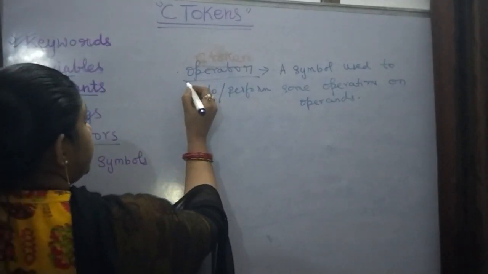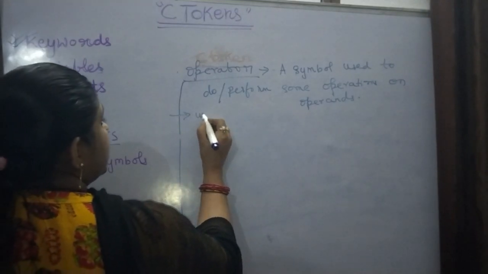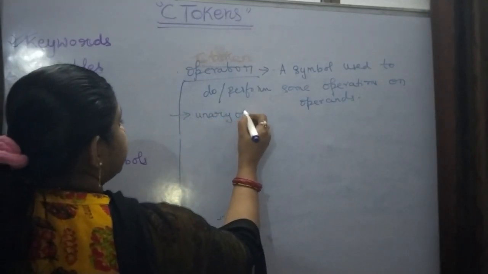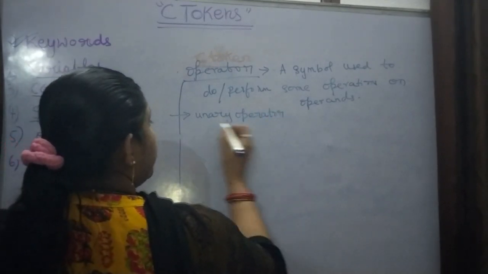Now, operators are of three types. First one is the unary operator.